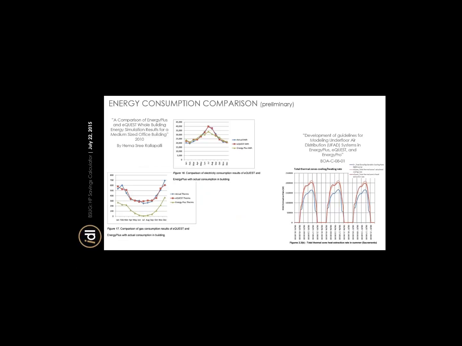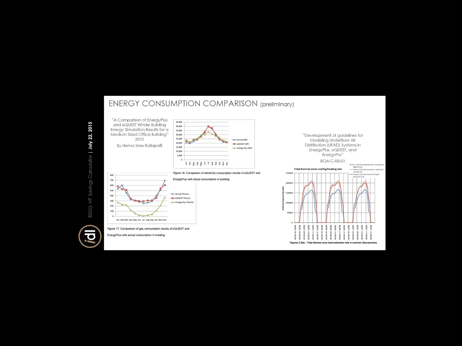They've compared their results to actual data. I don't have any details about, was this calibrated to the building, or was it before or after the actual data was known, but their actual data does track with the eQuest more closely than the EnergyPlus, but again, I don't have details on that.